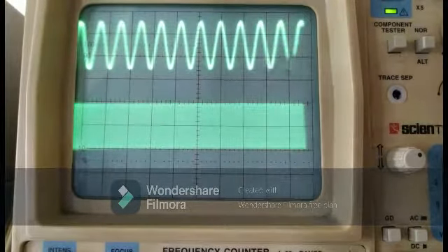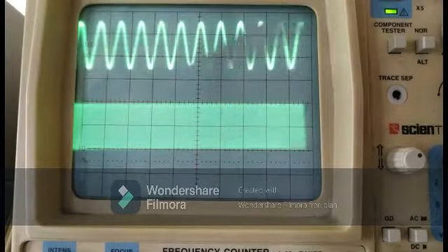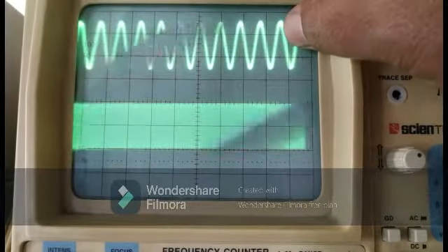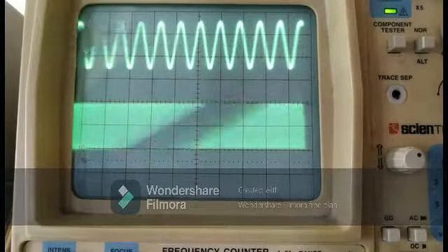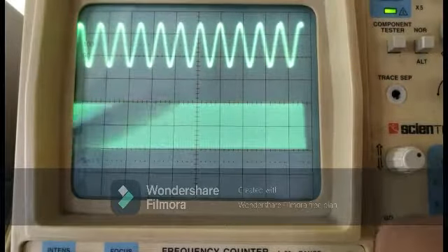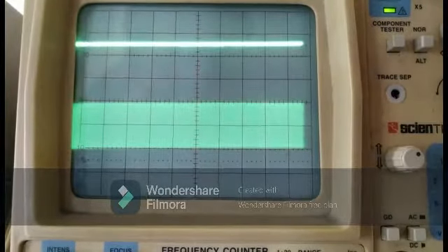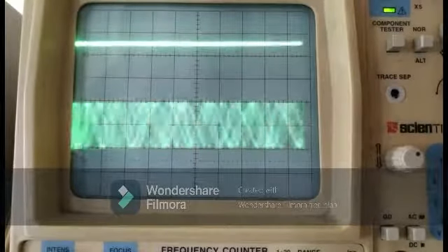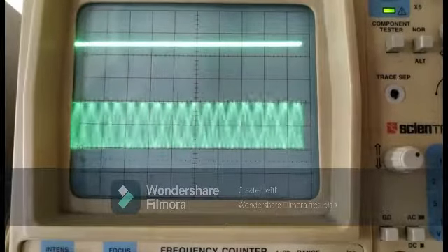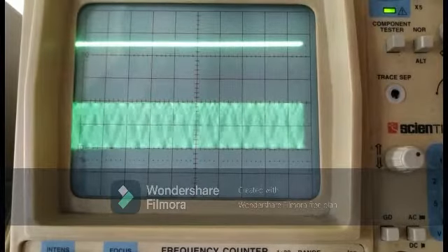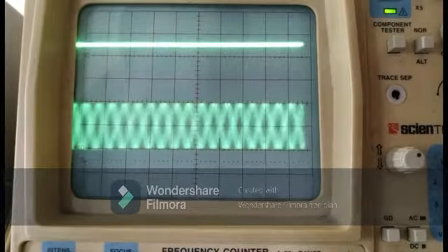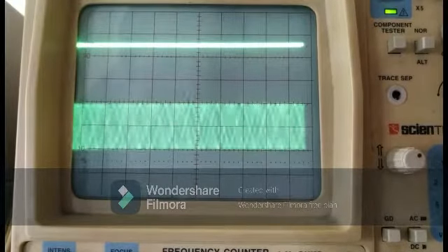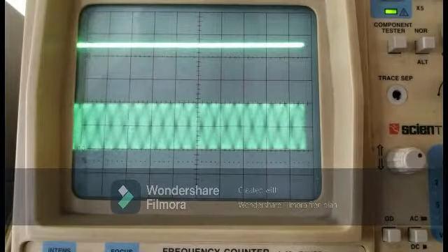That's 1 into 1 millisecond. So 1 millisecond is the time period for this modulating signal. So frequency is 1 kilohertz. Okay. Then frequency of carrier is set to 10 kilohertz.